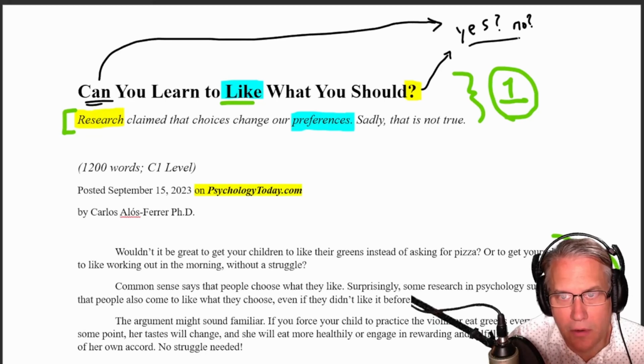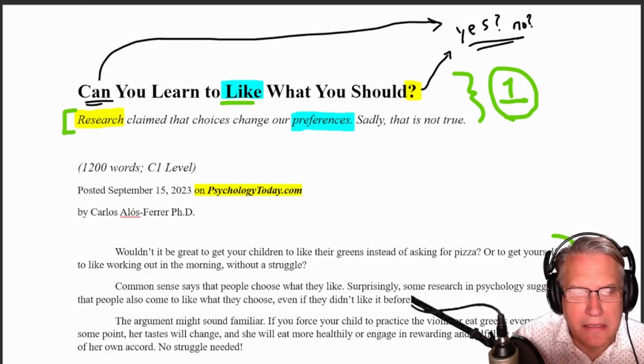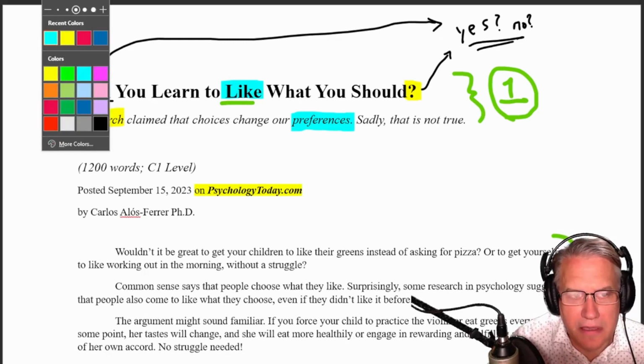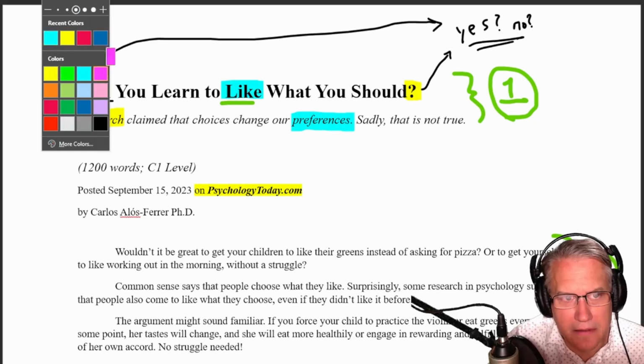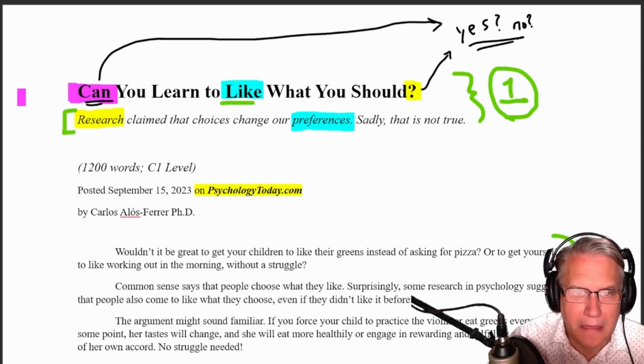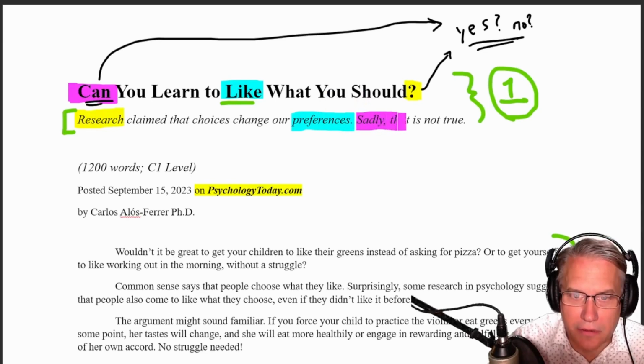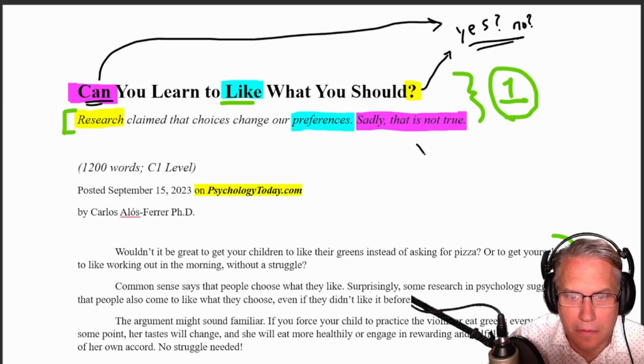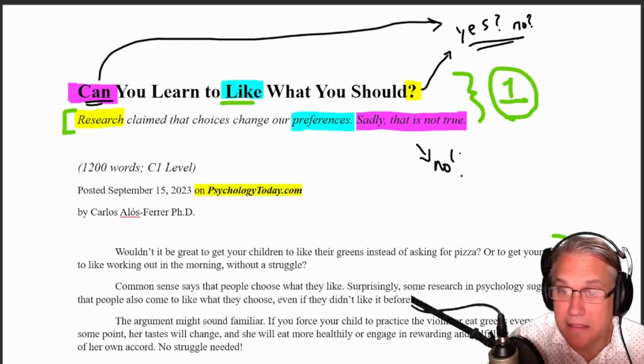It's a yes, no question. So does the secondary title answer the question? And it does answer the question. Can you learn to like what you should? Well, here's our answer. Our answer is no. That's the claim anyway. That's what the article seems to say.